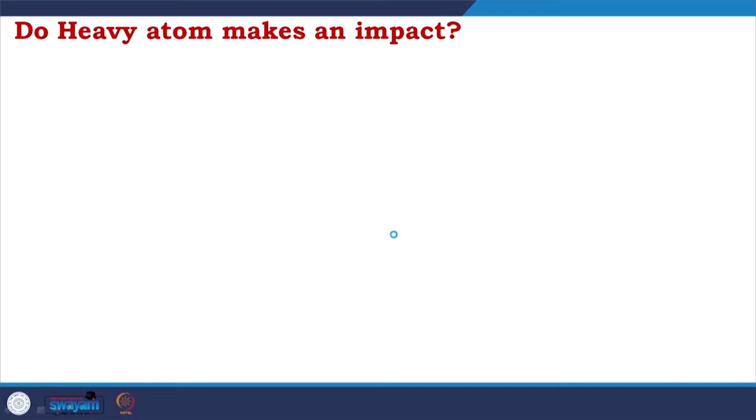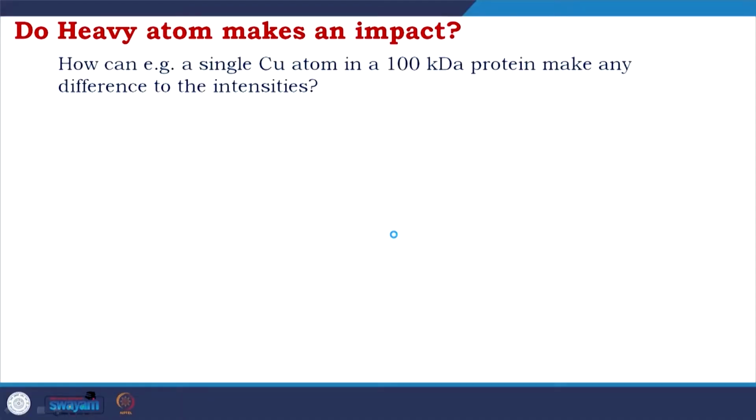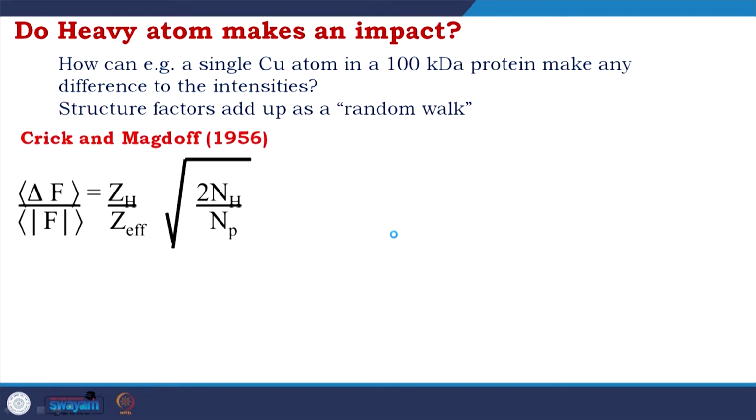So, before going into details, one thing you should know, do heavy atoms make an impact? So, let us take a look how can a single copper atom in a 100 kilodalton protein make any difference to the intensities. So, structure factors add up as a random walk.